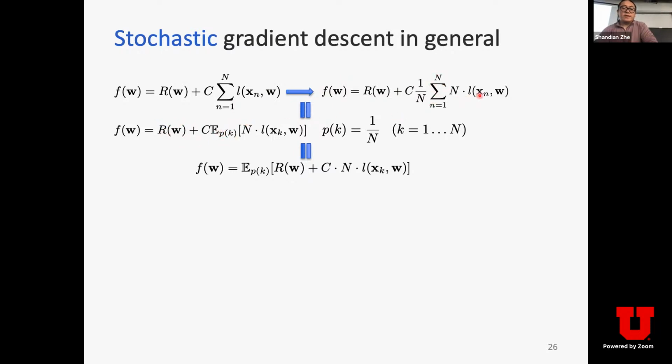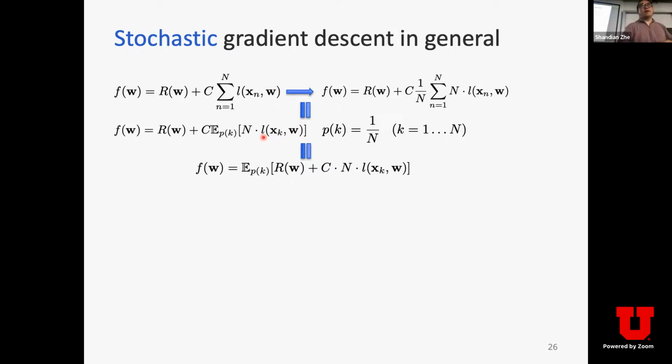You can view this term, 1 over n times the summation of n times every loss term, as an expectation over n times L, the loss term, over some randomly sampled data point and its loss.